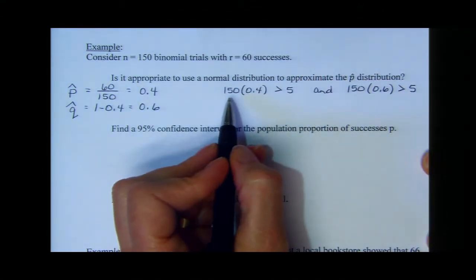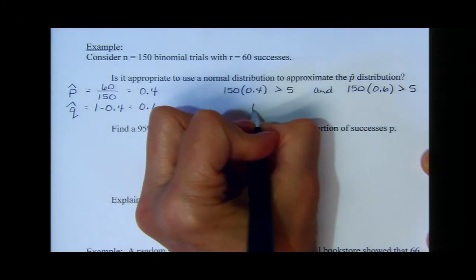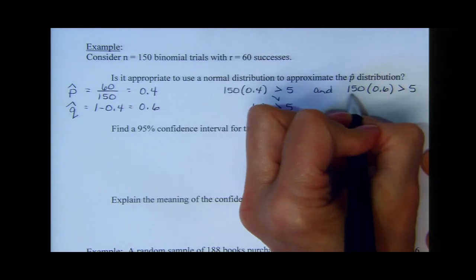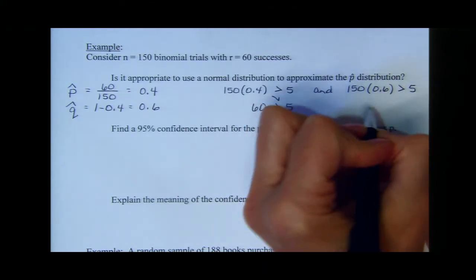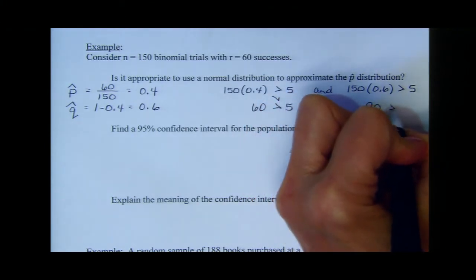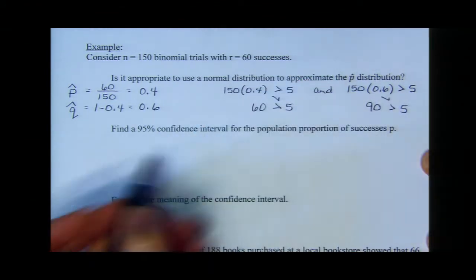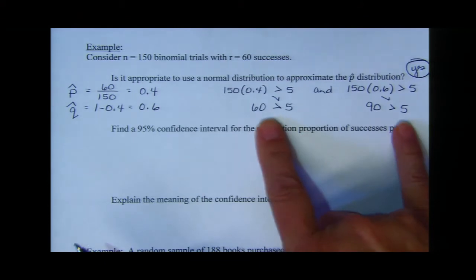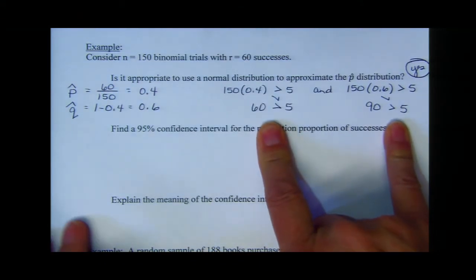Well, 150 times 0.4 is 60, and 60 is definitely greater than 5. And 150 times 0.6 is 90, and 90 is greater than 5. So is it appropriate? Yes, it is, because we've shown that these are both greater than 5.